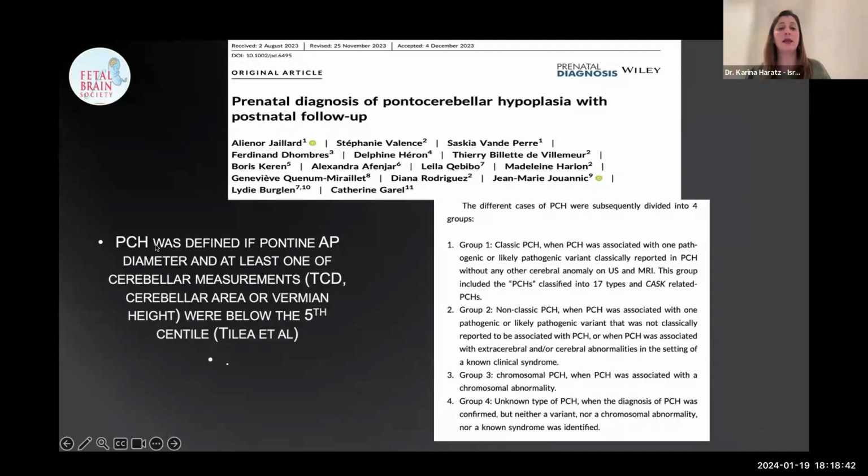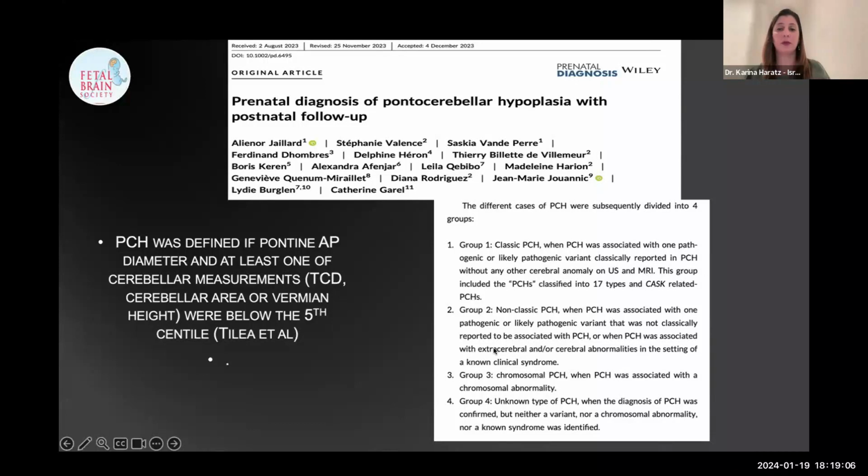So they defined that if the anteroposterior diameter of the pons was below the 5th centile, together either with a small TCD or a small Vermian height or a small cerebellar area, then this was the criteria to consider the prenatal case pontocerebellar hypoplasia.